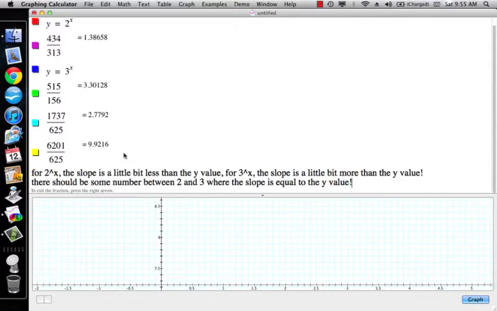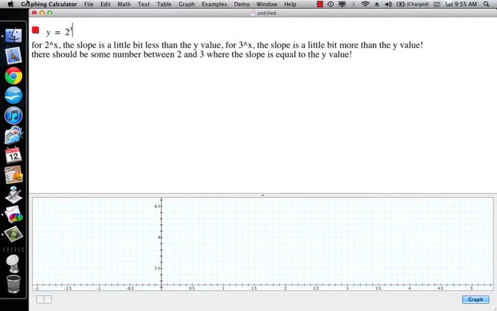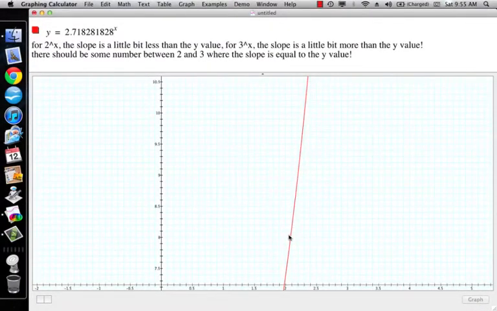And it is. So let's take all this away. Let me just make sure I got it: 2.718281828. Let's do that. Okay, so here I'm at 2.